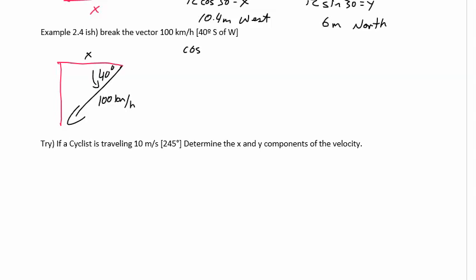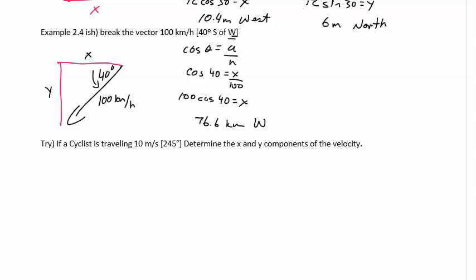So using cosine, the cosine of the angle is adjacent over hypotenuse. Cosine 40, x over 100. 100 cos 40 is equal to x. So that component is 76.6 kilometers per hour, and again a west direction because it was a west component.